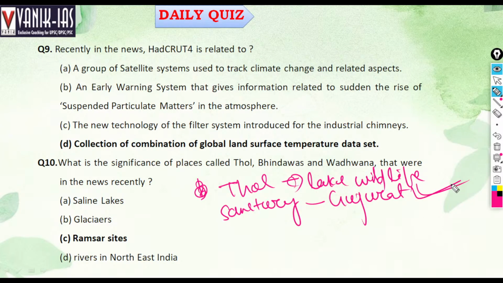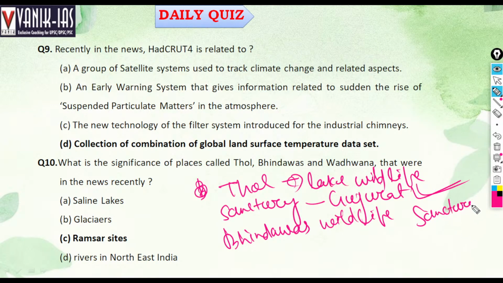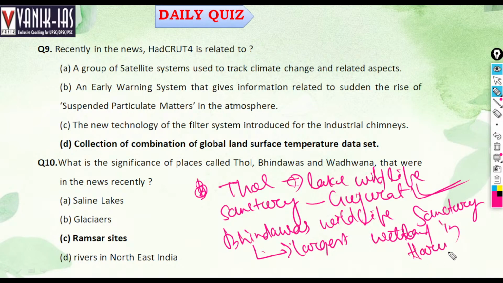Then Bhindawas Wildlife Sanctuary, it is in Haryana. It's the largest wetland in Haryana. Largest wetland in Haryana, Bhindawas Wildlife Sanctuary.